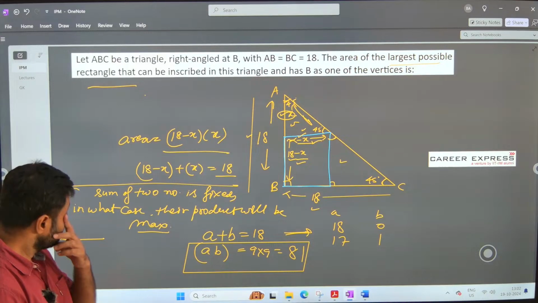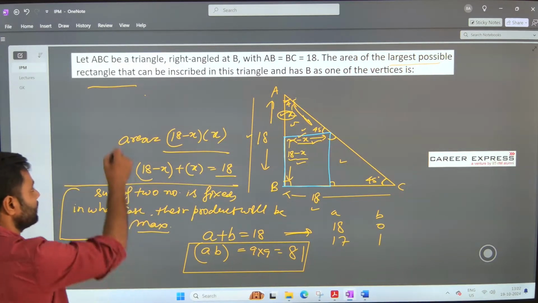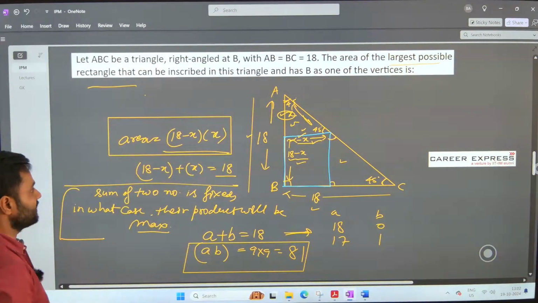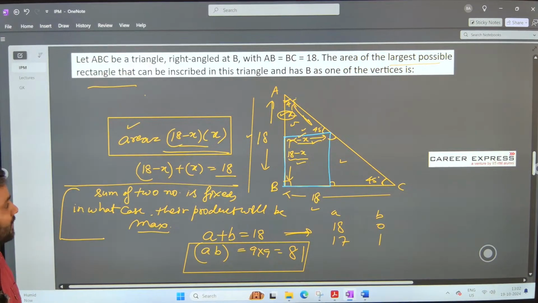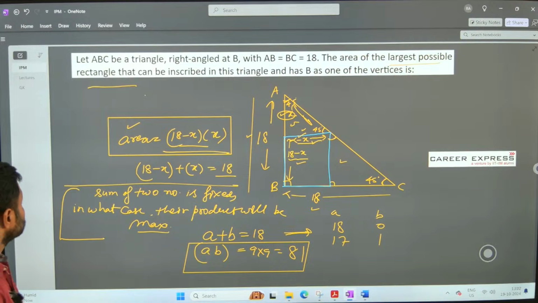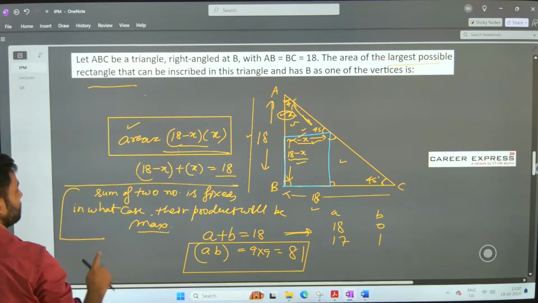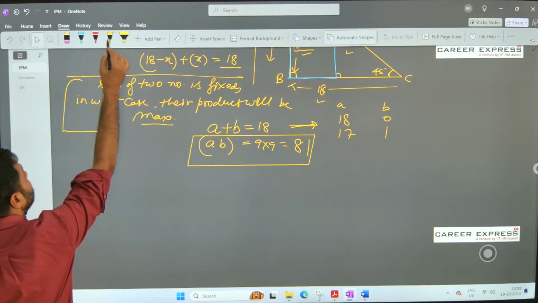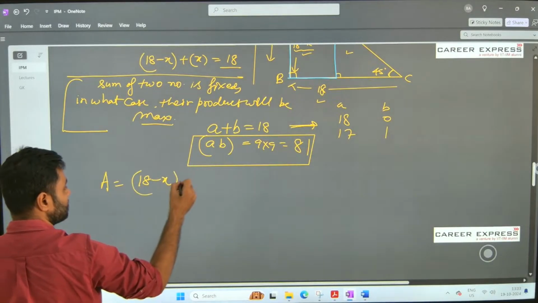The other way is, if you have studied calculus in 11th or 12th, you can use the differentiation method to solve this. So we have area which is dependent on x. So we can differentiate this area to get the value of x for which this area will be maximum. Right? So let me do that as well. The equation that we have is area A is 18 minus x times x.